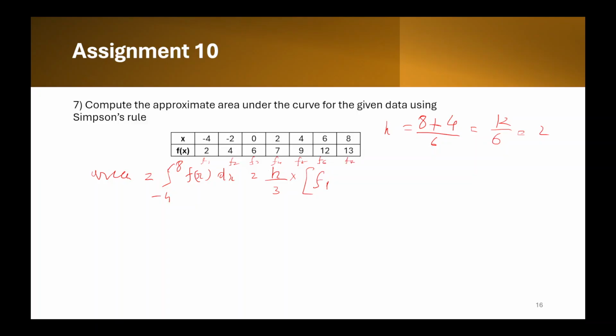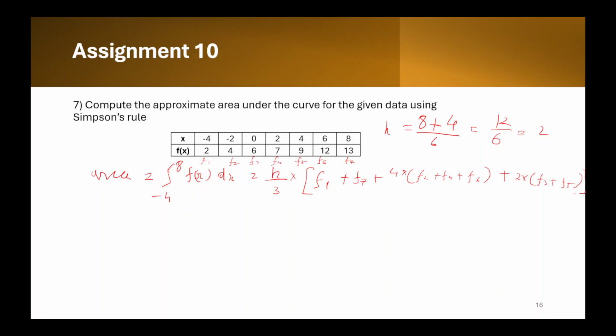Okay. So f1 plus f7 plus 4 into all the even points. So f2 plus f4 plus f6 basically, and then 2 into f3 plus f5.